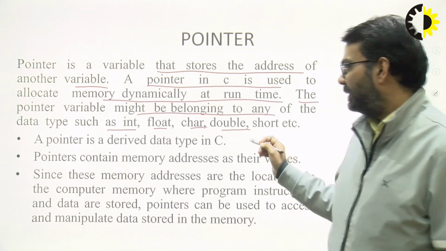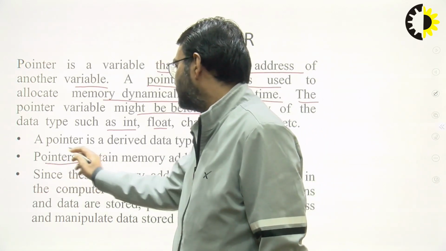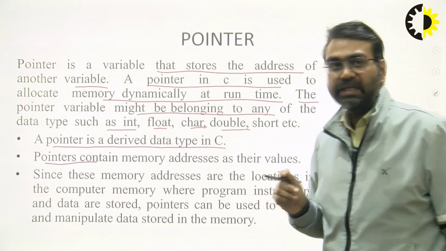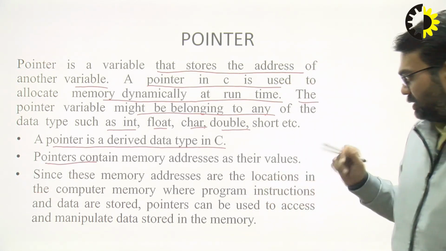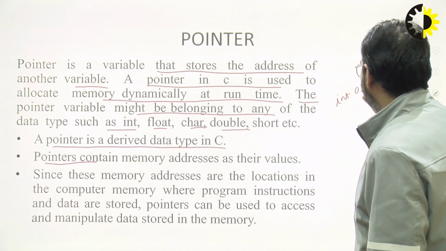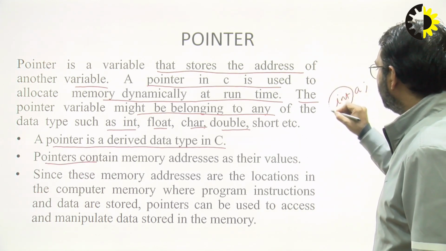So some properties of pointers are: first, a pointer is a derived data type in C. Basically it is not a primitive data type, it is derived from some primitive data type. Suppose we are using a variable int a. While we declare a variable, we have to provide the data type of that variable.